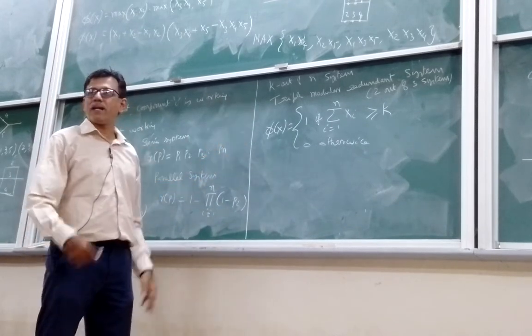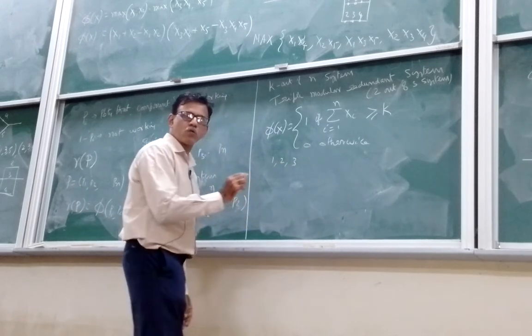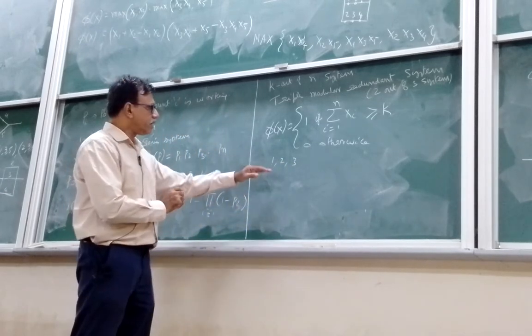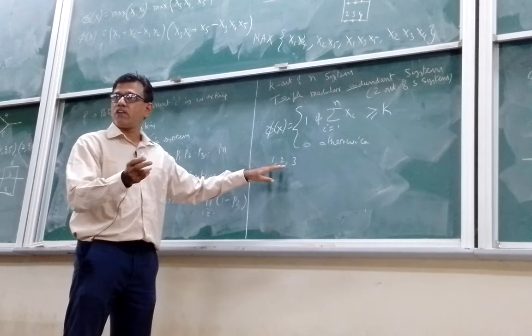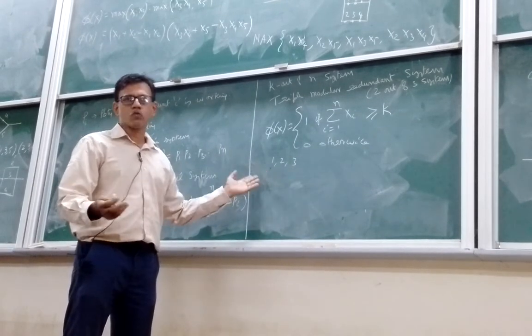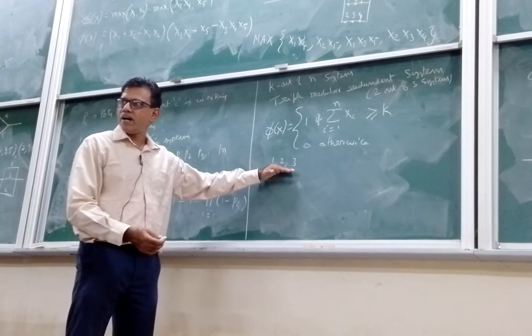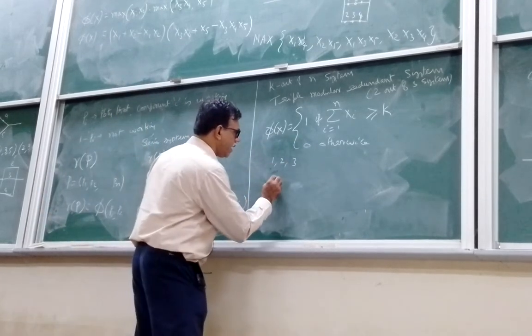If it is triple modular, it is easy to find out. There are 3 components, 1, 2, 3, and if 1 and 2 together fail, the system will go down; likewise 1, 3 and 2, 3, and of course 1, 2, 3 together, it will go down. So we can immediately write down the expression.